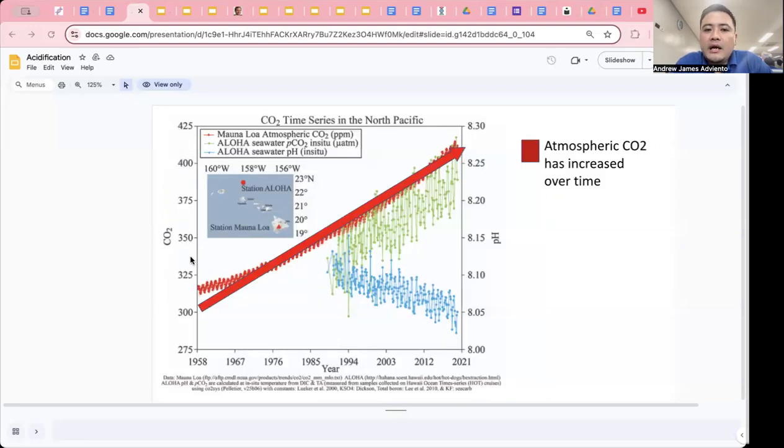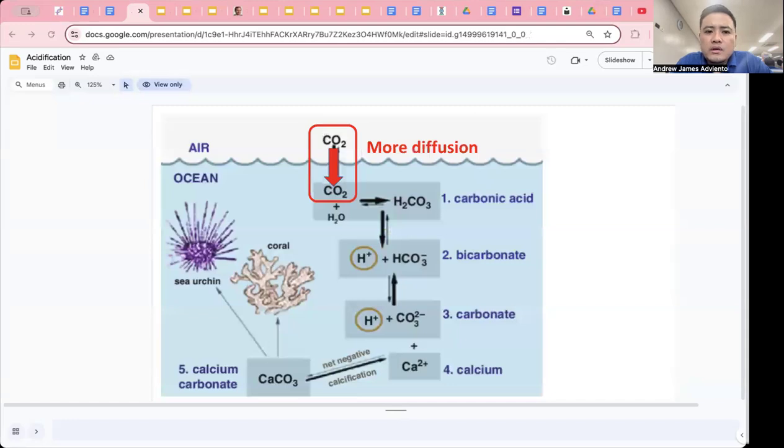So carbon dioxide in the atmosphere is increasing over time, and because of that, more carbon dioxide dissolves into the ocean through diffusion. As atmospheric carbon dioxide increases, oceanic carbon dioxide also rises. So the ocean, which acts as a carbon sink, absorbs nearly 30% of human-made carbon dioxide emissions, but this comes at a cost.